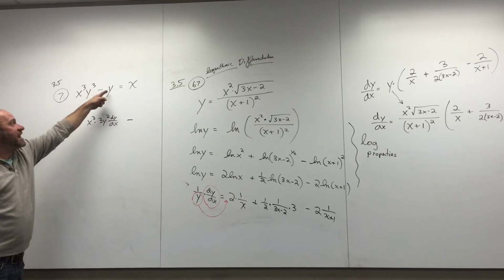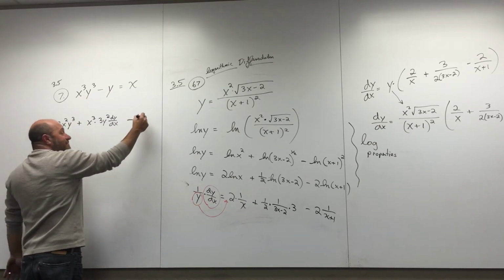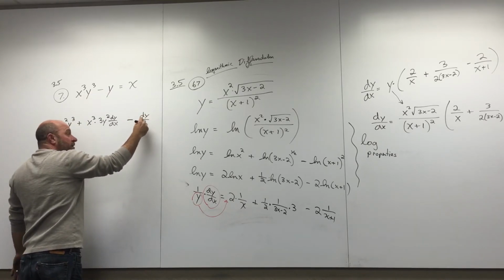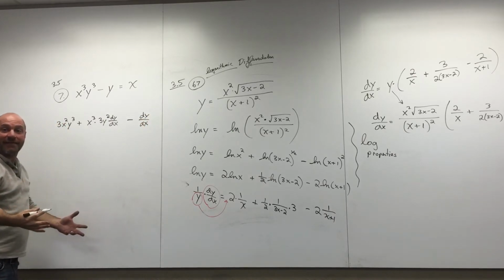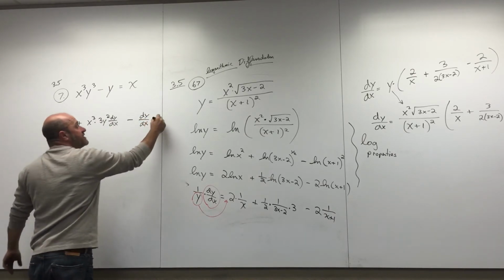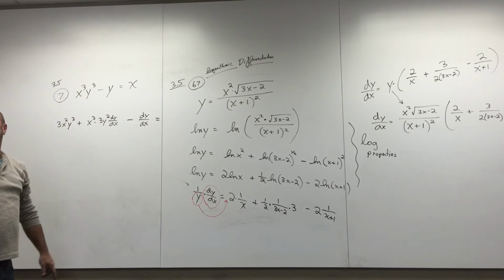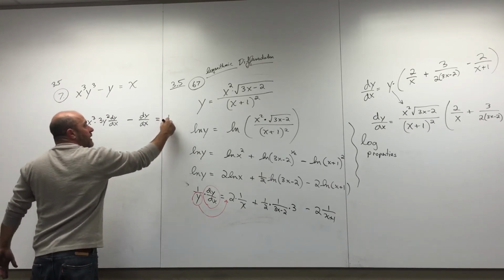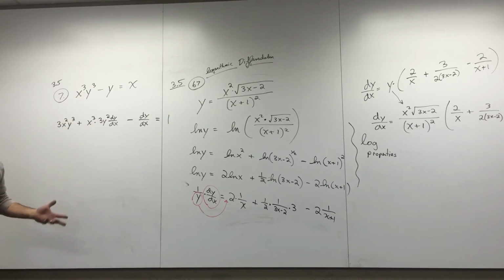Minus the derivative of that y, dy/dx, or 1 times dy/dx. Equals, on the other side, the derivative of that x: 1. And we're done. We're finished doing the derivative, except now there is some algebra involved.